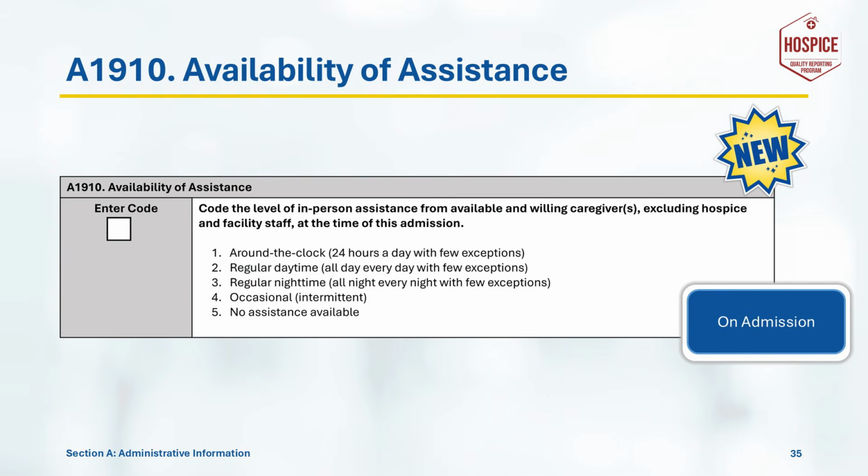A1910, availability of assistance, is our last of the new items for Section A. It is asking about the level of in-person assistance the patient has from available and willing caregivers at the time of the admission. This is excluding any hospice or facility staff. This item is collected only on admission, even if something was to change throughout the hospice stay.